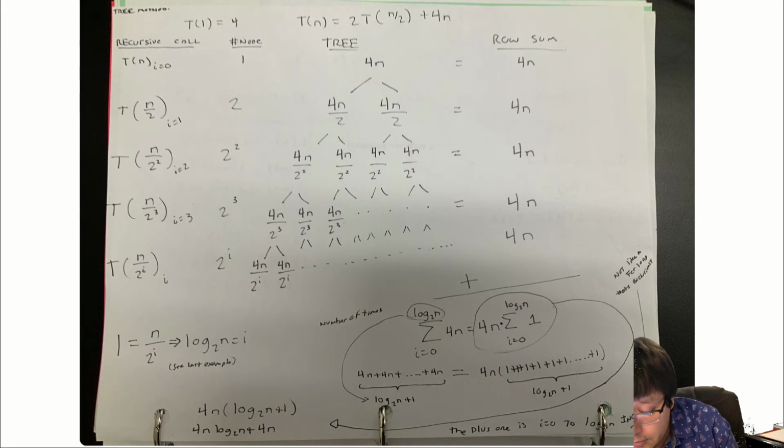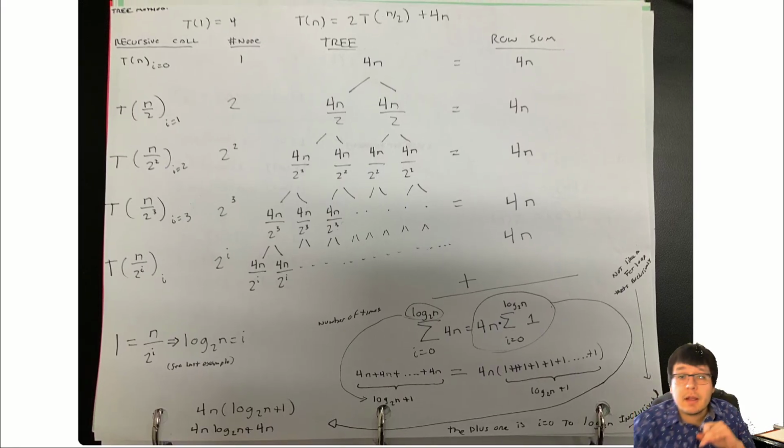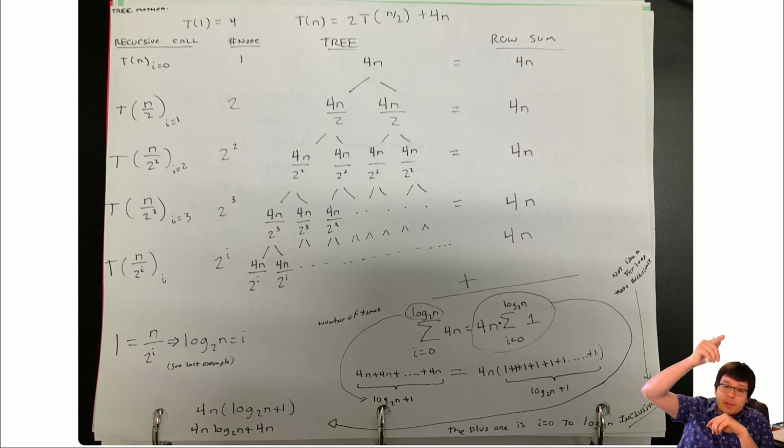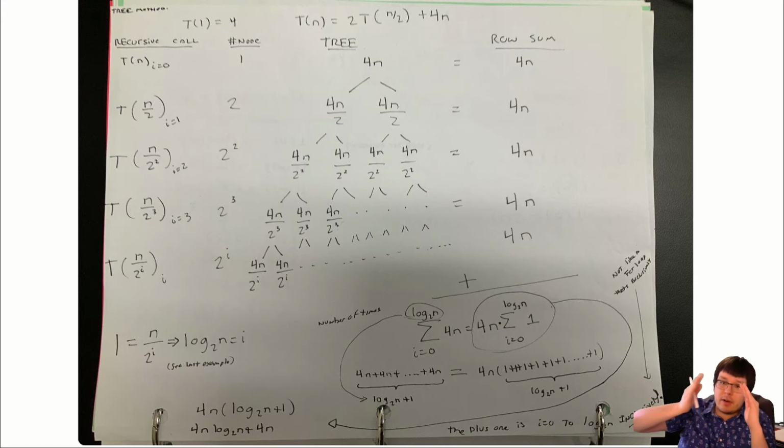The same problem, exact same problem. This one's called the tree method. I think that's the name of it. The way you do it is you're still trying to come up with that general solution, the 2 to the i power one. And so instead of doing it mathematically like I did, here I'm just seeing how it grows and how the n gets divided by 2 every time, as you saw. And then the row sum is what you add in outside of the actual recursion part of the T part, which is always a 4n.